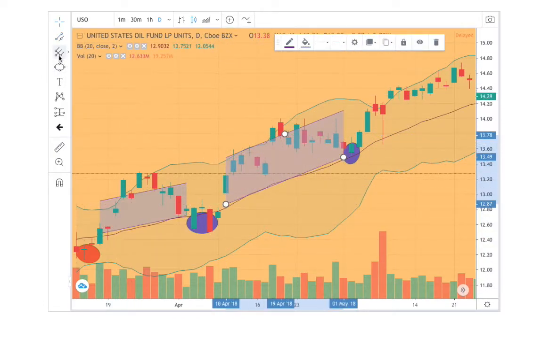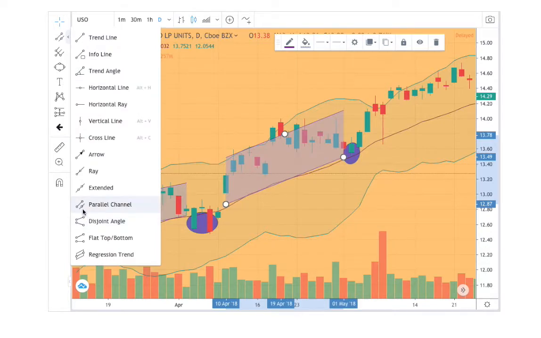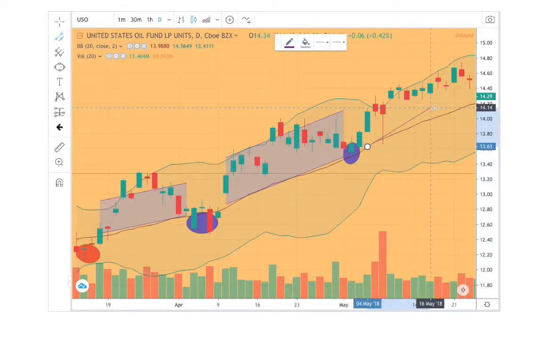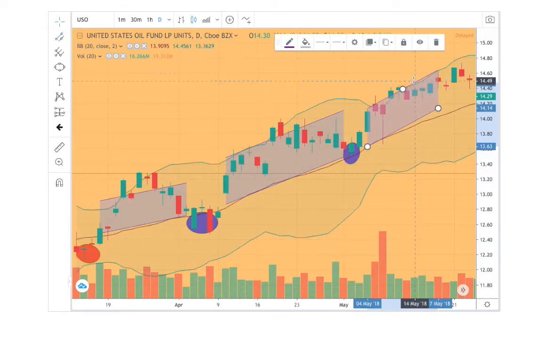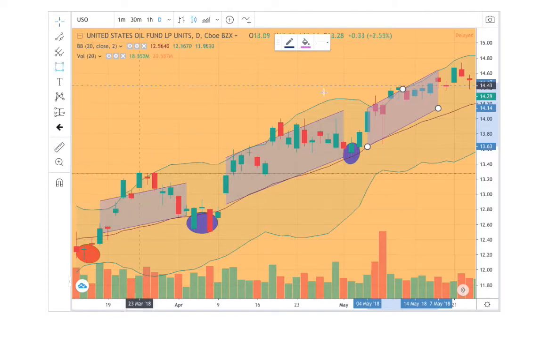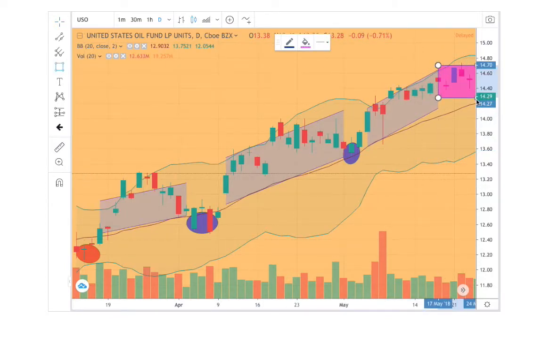Then we do see it reaching the upper Bollinger Band, and right now it's in between the upper Bollinger Band and the middle Bollinger Band. So this is where we are in the current trend.